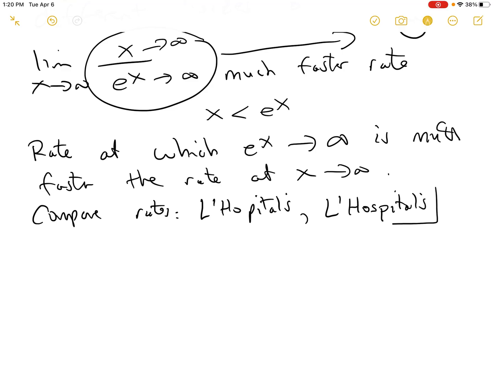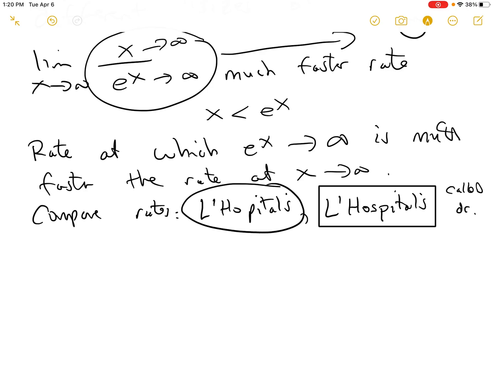And students tend to like this because when they use L'Hopital's rule, they say call the doctor or whatever, but our book writes it like this. That's the way I've always seen it written.